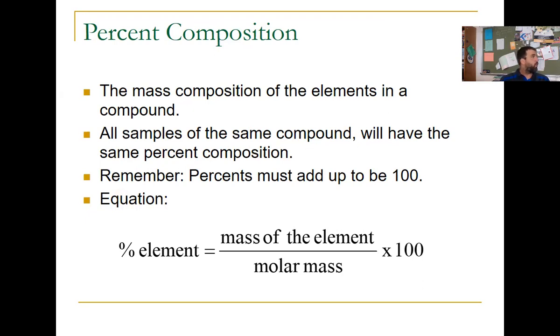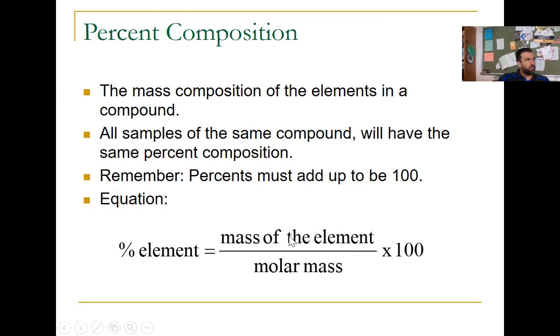It's the mass of the element over the molar mass. So if I'm looking for the percent composition of nitrogen in NH3, the mass of nitrogen is 14.007 times 1, because I only have 1 nitrogen, over the whole mass, which is 17.0306, times 100.